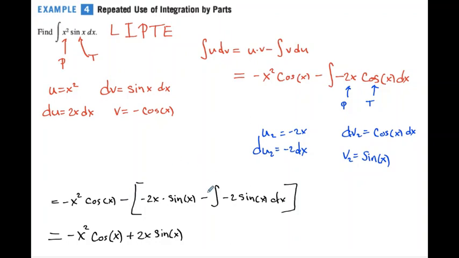And when we distribute this negative again, that makes this a plus. But I'm going to bring this negative out and bring it back to a minus. I'm going to bring the 2 out also. And the antiderivative of sine of x is negative cosine of x, and then plus C.